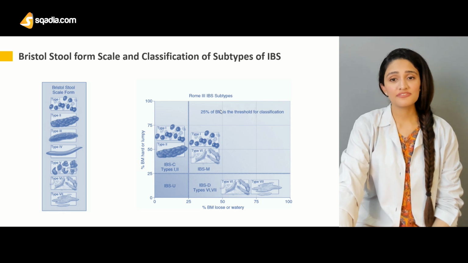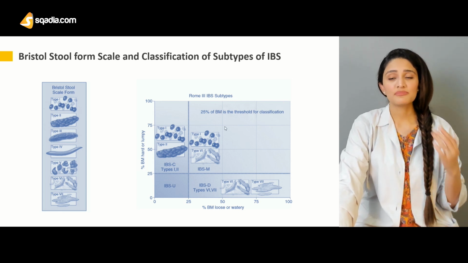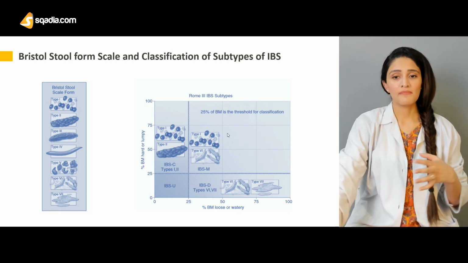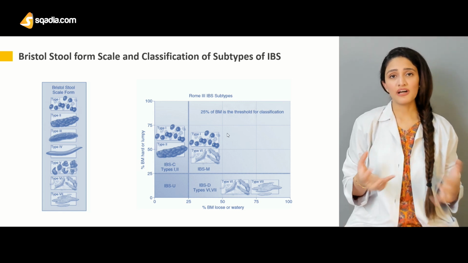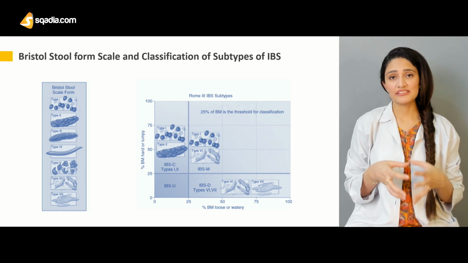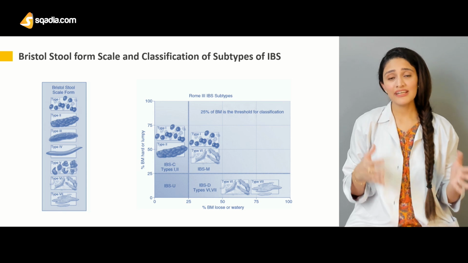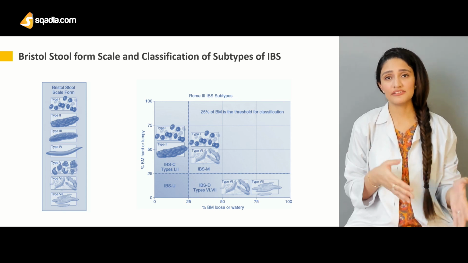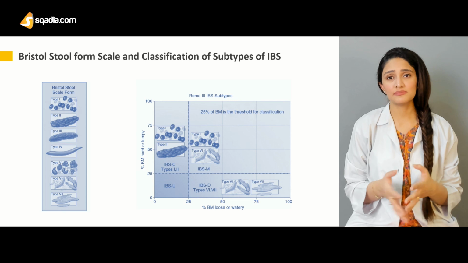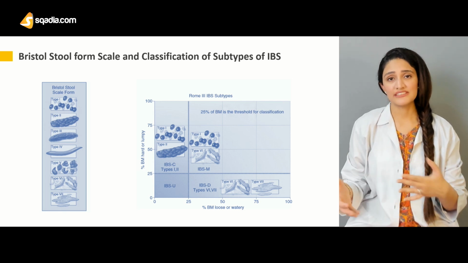So around 25% of bowel movements is the threshold for the classification. So this gives us an overview of how these stools are represented and how they form. And this helps us in categorizing our patients of irritable bowel syndrome according to these subtypes.